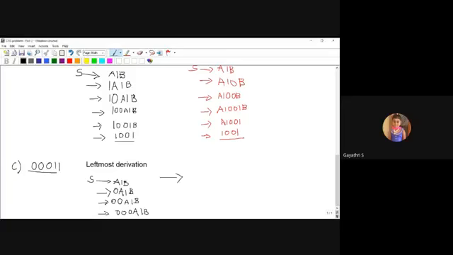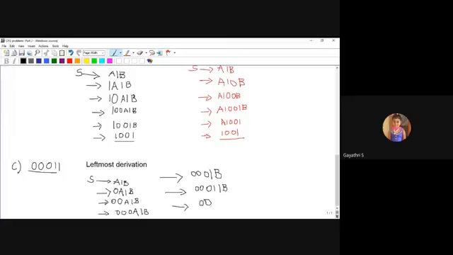Okay, for this B, then for B, 1B. Okay, for this B, epsilon. Good.